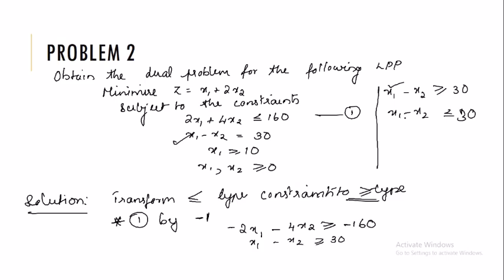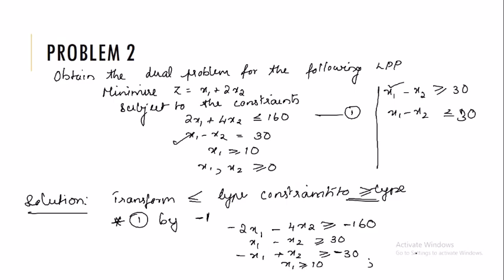What about this? This should be again multiplied by minus 1 in order to make it greater than or equal. So minus x1 plus x2 greater than or equal to minus 30. So that is your another constraint. Then you have x1 greater than or equal to 10. That you can write it like that itself.